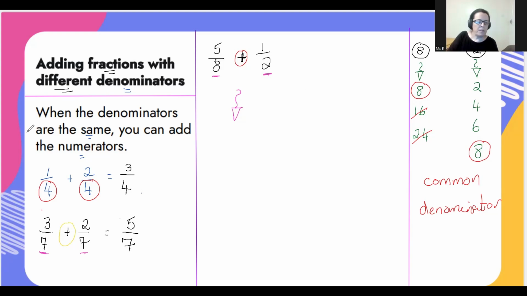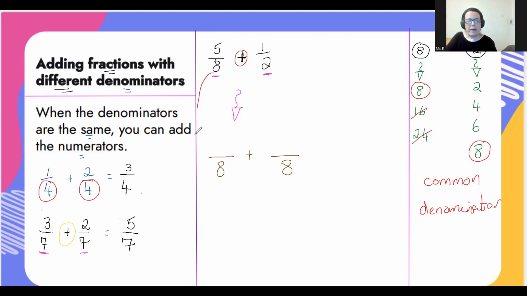So what I'm now going to do is 8 is going to become my denominator. So I put 8 here. I'm going to put my addition sign, and I'm going to put 8 here. But if I'm using 8 as my denominator, it means I have to do something with my numerator.